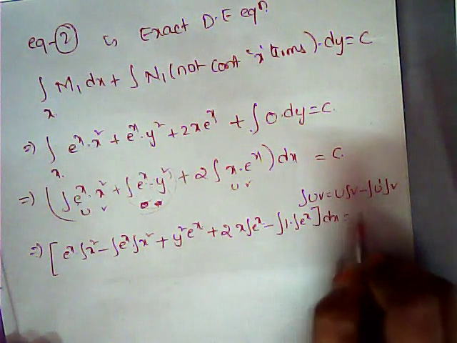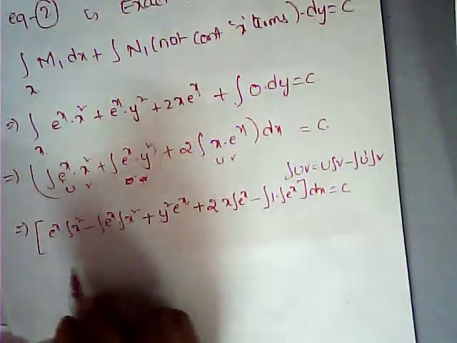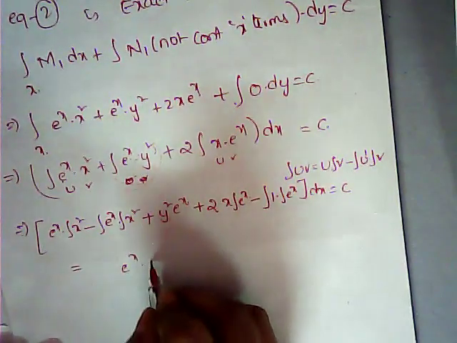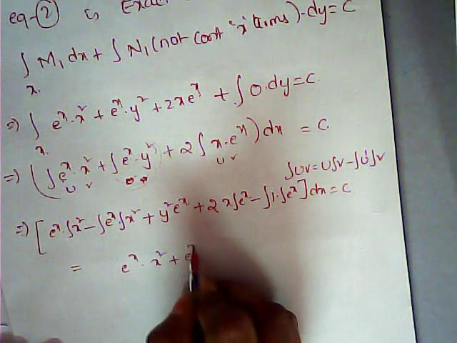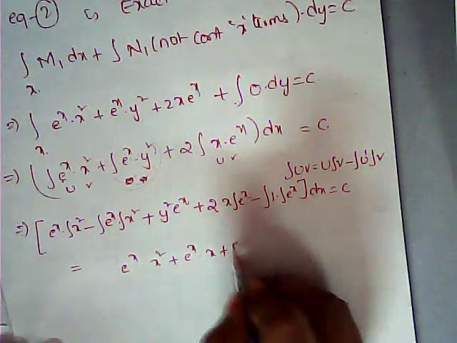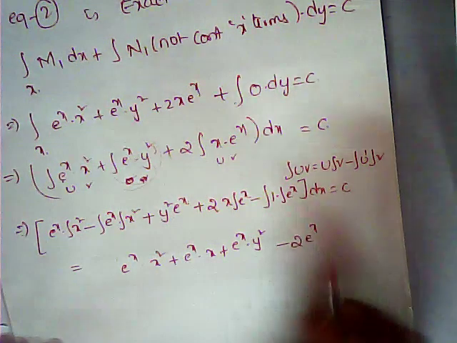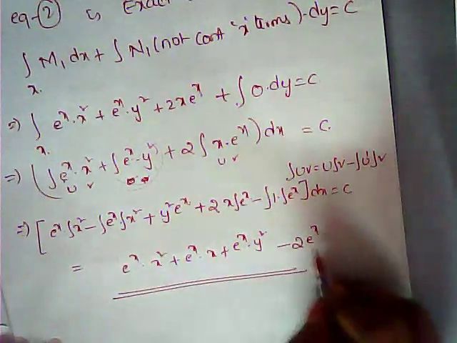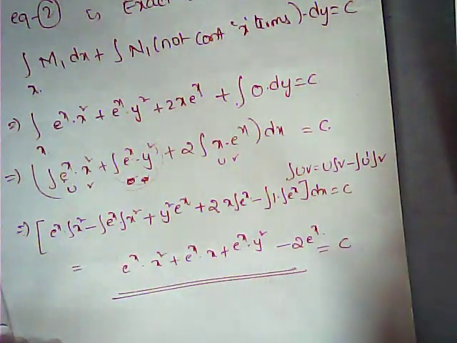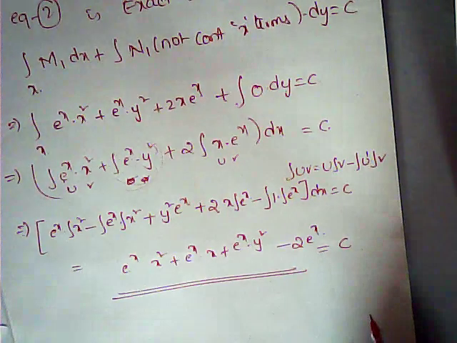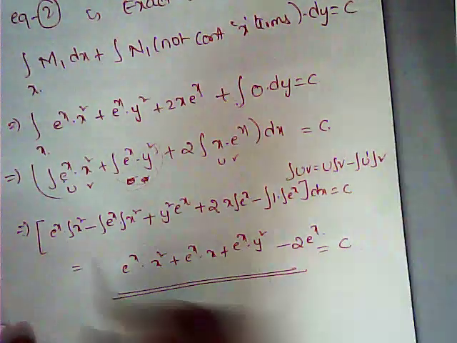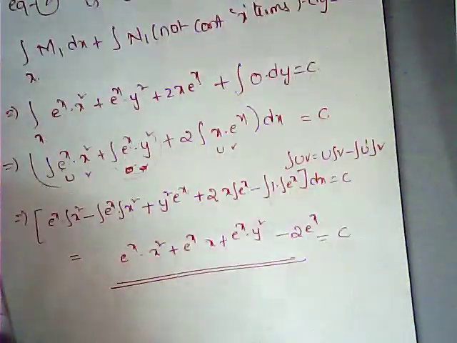By solving this, you will get the equation as e power x x squared plus e power x x plus e power x y squared minus 2 e power x is equal to c. So in this way you have to do it. You know how to do this integration part, right?